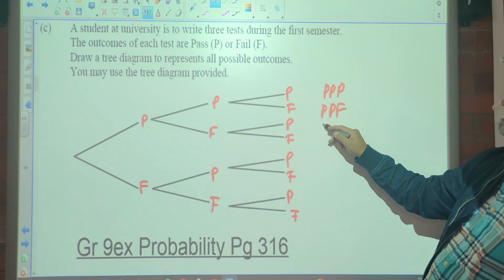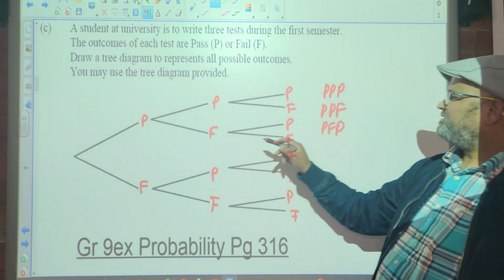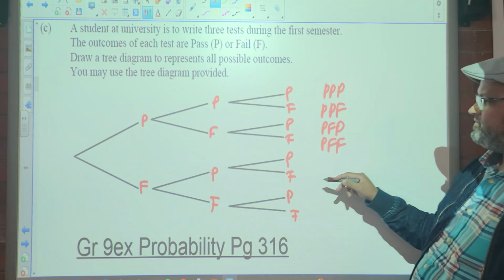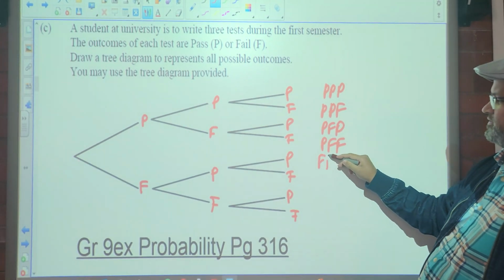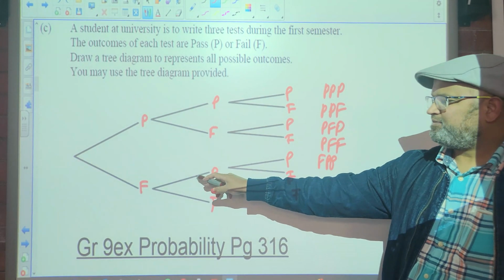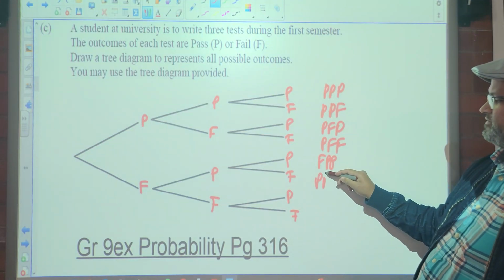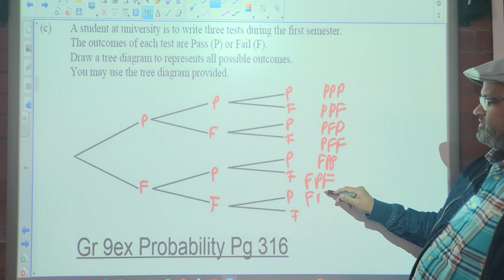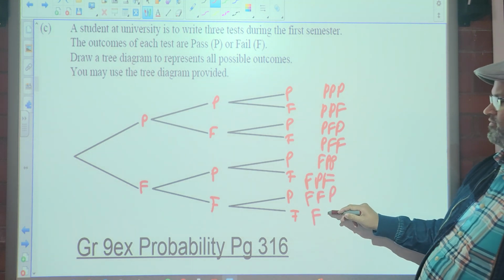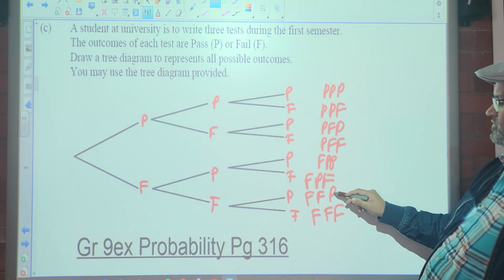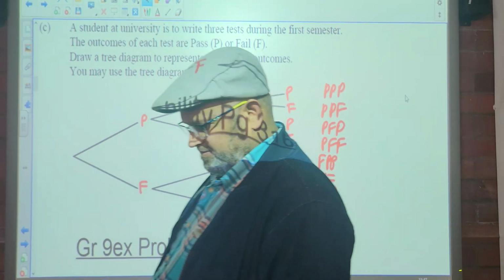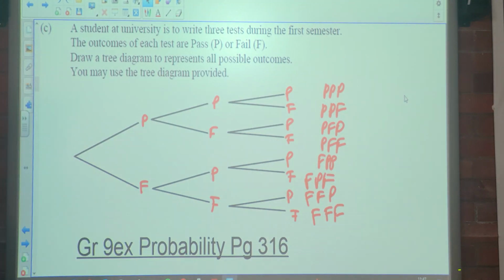Pass, fail, pass. Pass, fail, fail. Fail, pass, pass. Fail, pass, fail. Fail, fail, pass. Fail, fail, fail. Okay. So how many outcomes are there? 8.